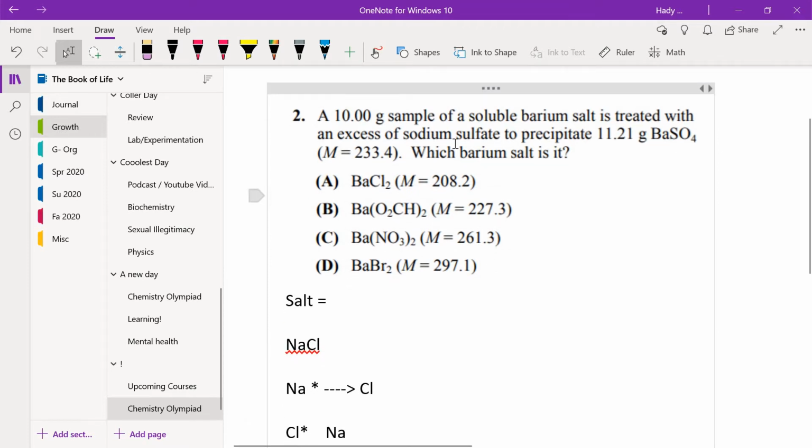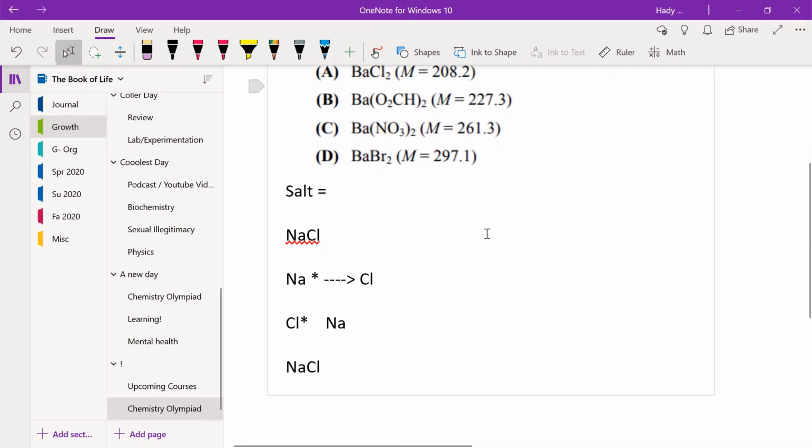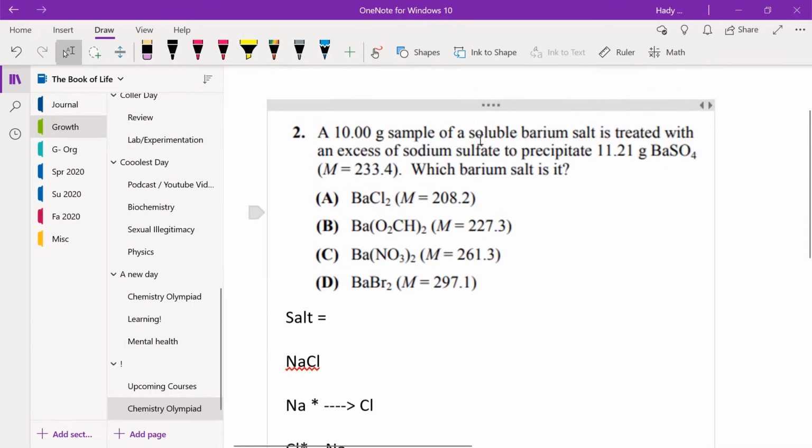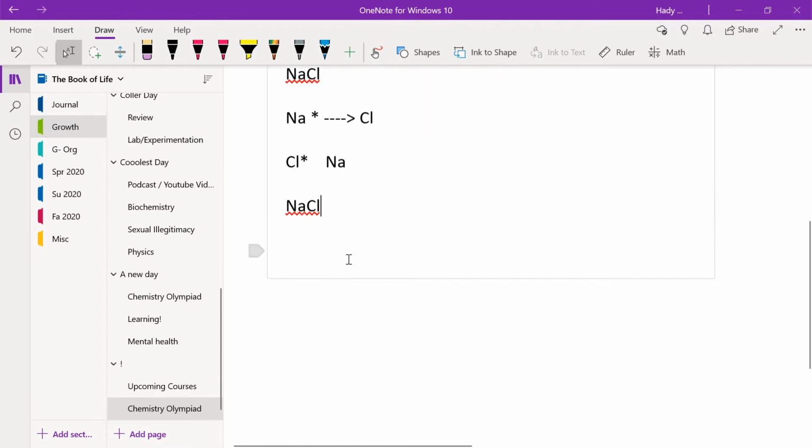BaSO4 is, let's see, a soluble barium salt. Some salts are soluble, which means that they dissolve in water. All it wants you to know is that this salt dissolved in water, and when it dissolves in water, like let's say it's NaCl, the Na will be no longer attracted to the Cl.